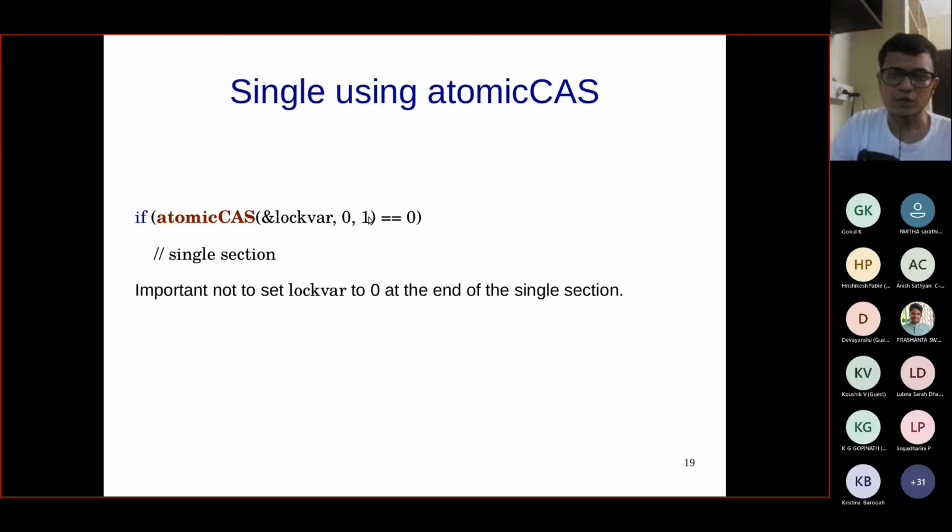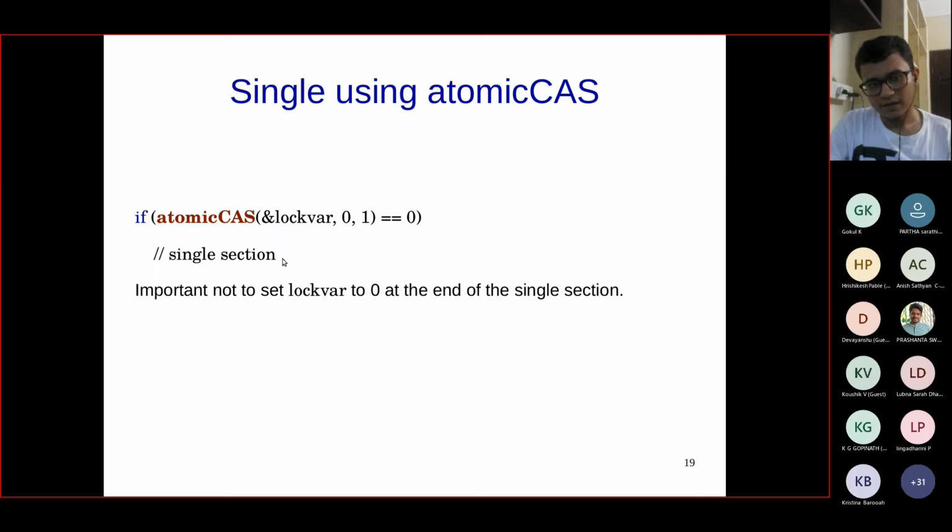So that thread will enter the single section, and since it has set lockvar to 1, what will happen with the other threads? Other threads will not be able to enter this single section, right? Because for them lockvar is 1, and 1 is not equal to 0. So the value returned by atomicCAS will be 1, and 1 is not equal to 0 again.